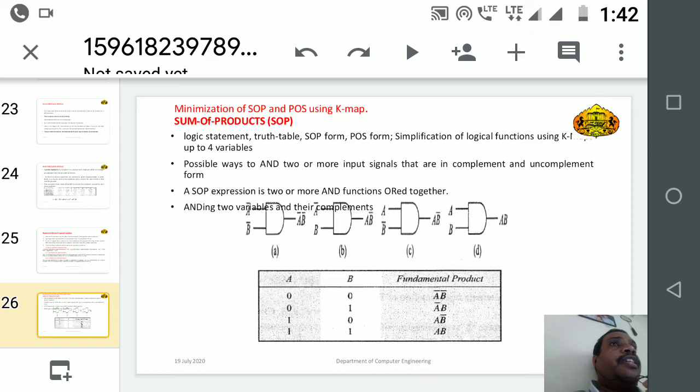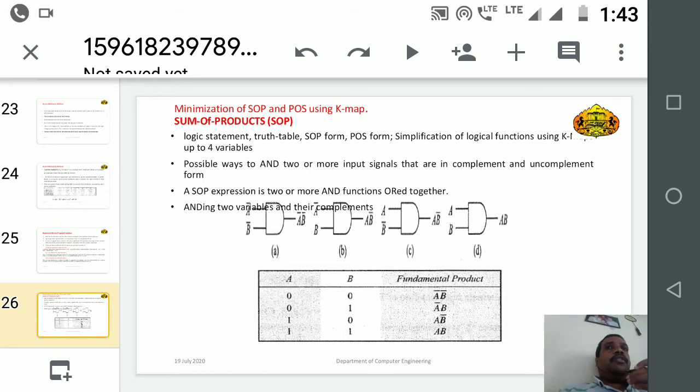We already studied how to use the K-map method for reduction of any Boolean expression: logic statement, truth table, SOP form, POS form, and simplification of logic functions using K-map up to 4 variables. We have already seen all these points.